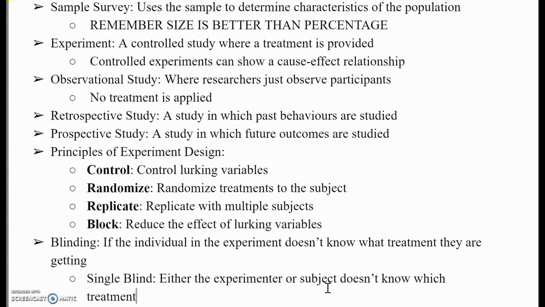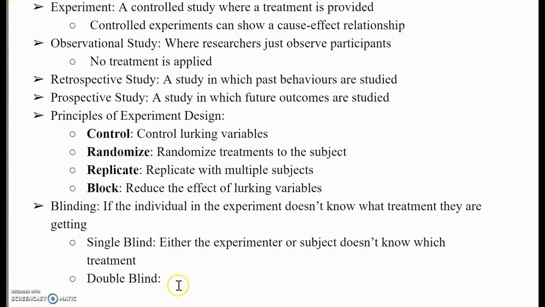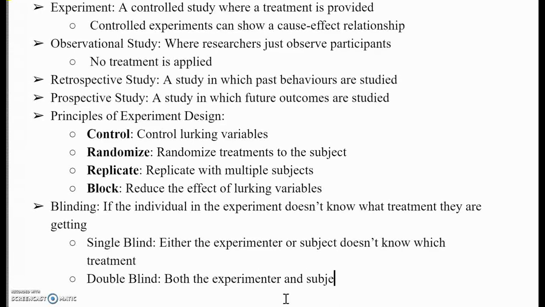So it could mean that the experimenter doesn't know who's getting what treatment, but the subjects do, or the subjects don't know what treatment, but the experimenters do. Double blind is where both the experimenter and subject don't know which treatment is being applied.